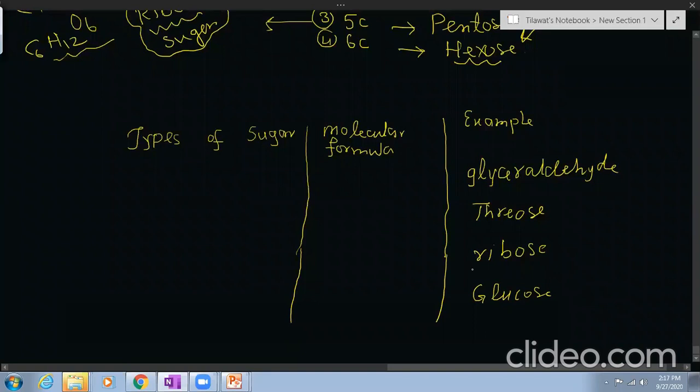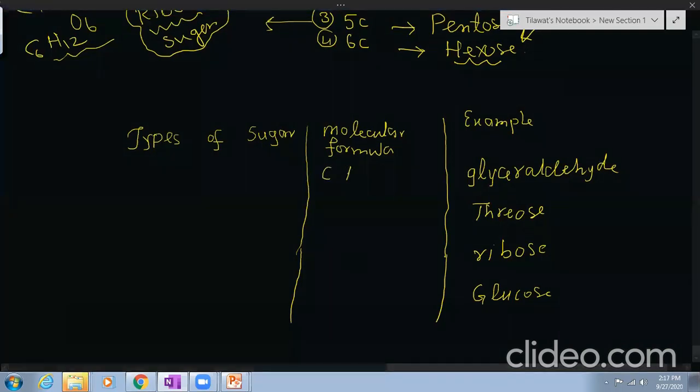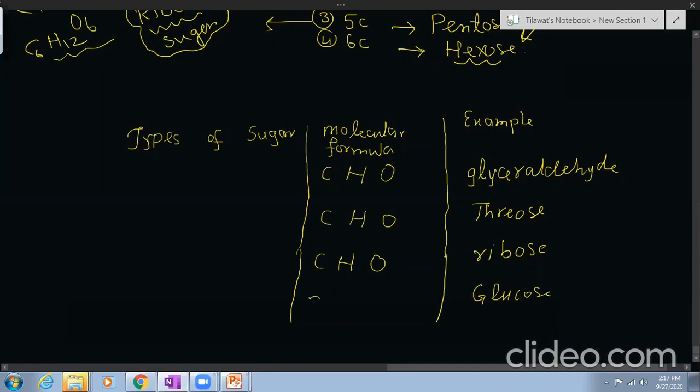If you check here, C3, glycerol aldehyde, we will write the formula here: CH2O, right? And another one, right for all, CH2O, and write it here, CH2O.